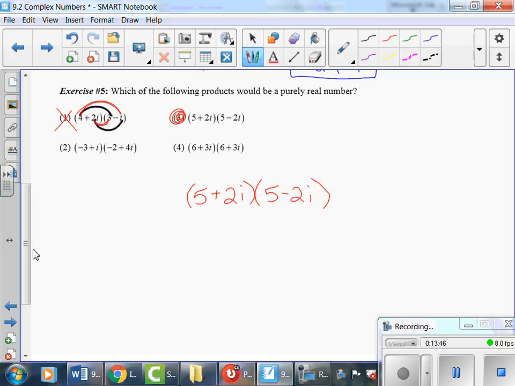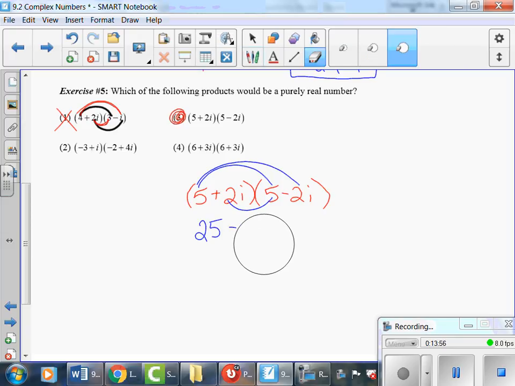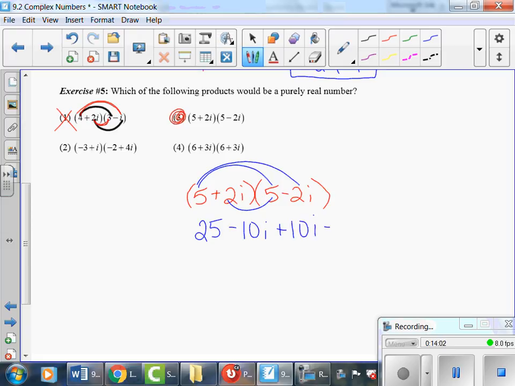And now we're going to apply what we know about multiplying binomials. We get 25 minus 2i, not minus 2i, minus 10i, I forgot to multiply, all right, plus 10i minus 4i squared.